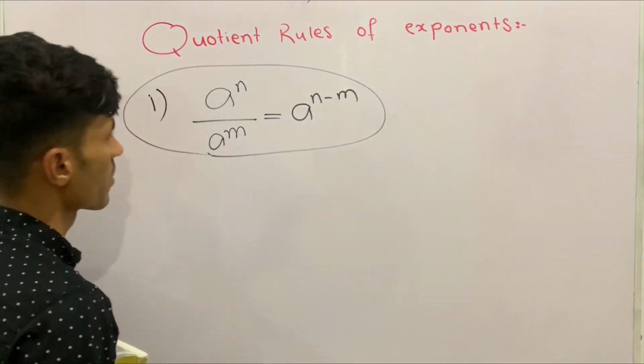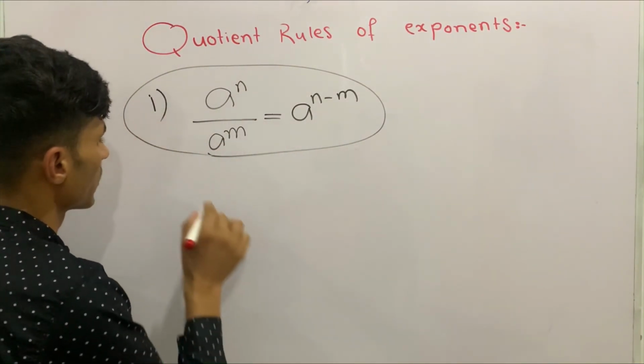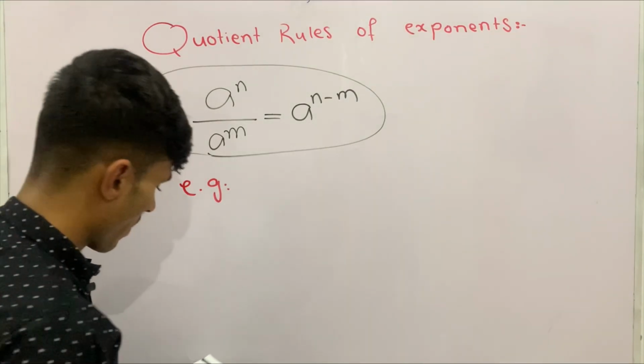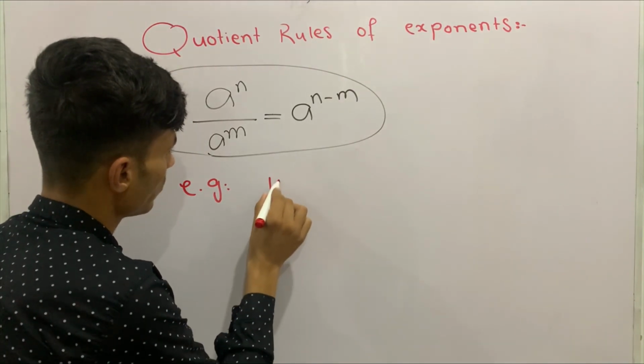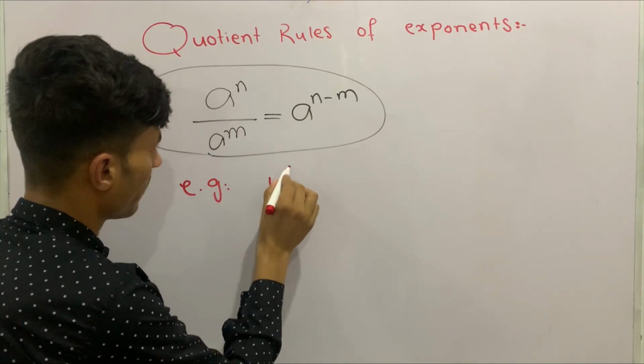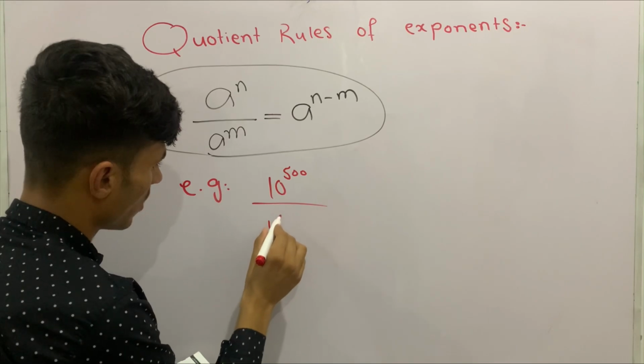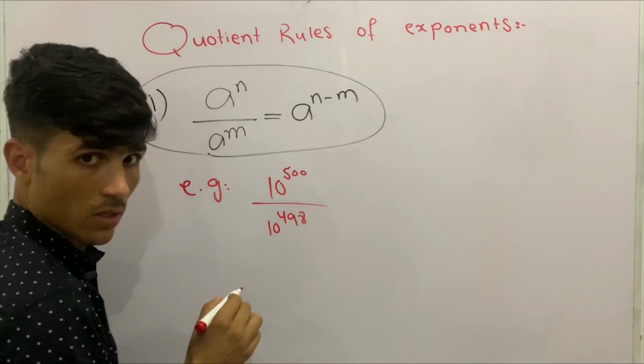So let me share with you the very first example from the given textbook, right? That is 10 raised to the power 500 divided by 10 raised to the power 498, right?